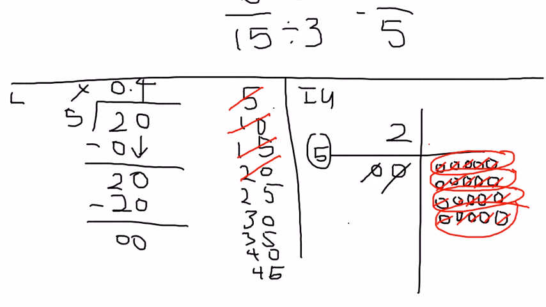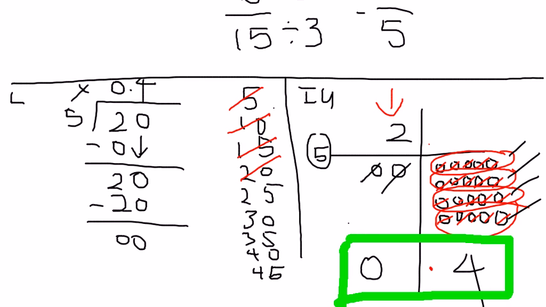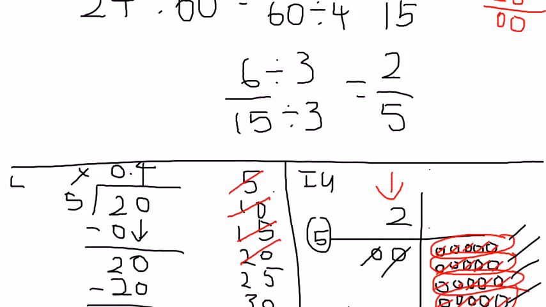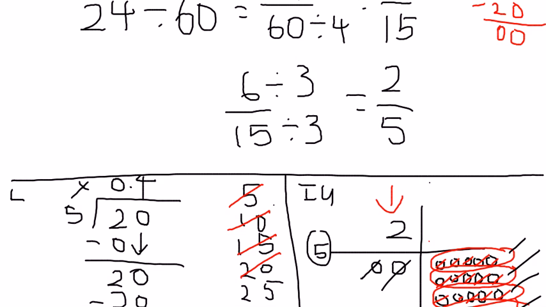In the first column, do you have any packets? No. Don't forget your decimal point. In the second column, how many do we have? 1, 2, 3, 4. So your answer is 0.4 hours. Now let's go back to the top. We know that 2 over 5 is now 0.4.